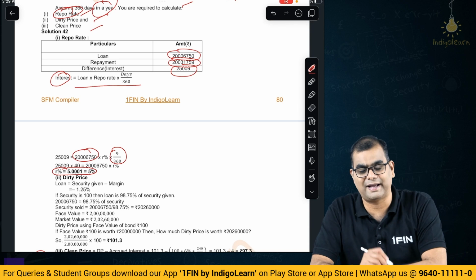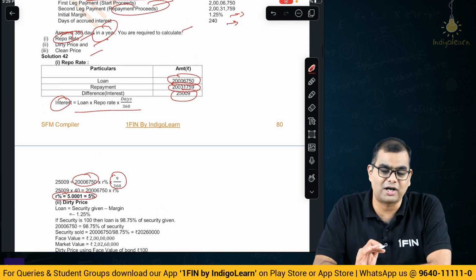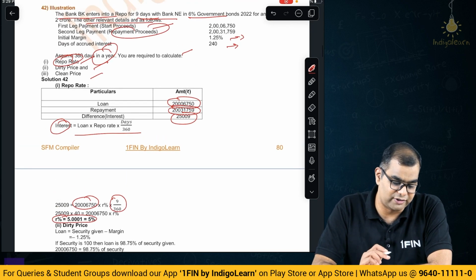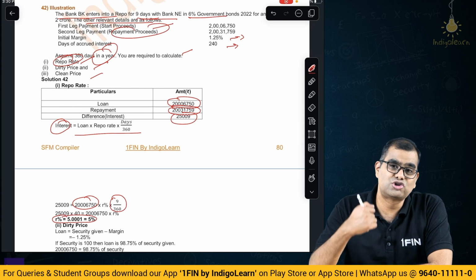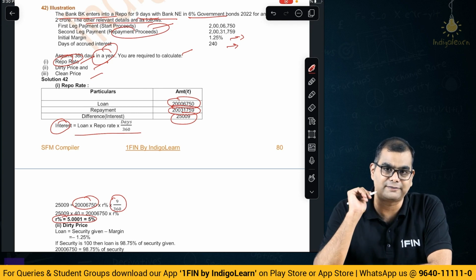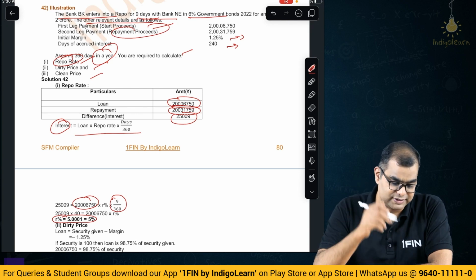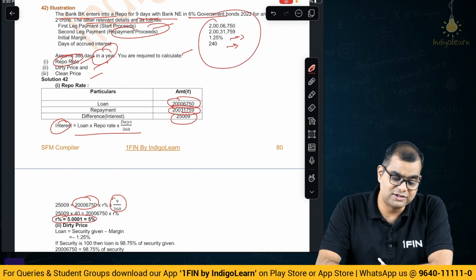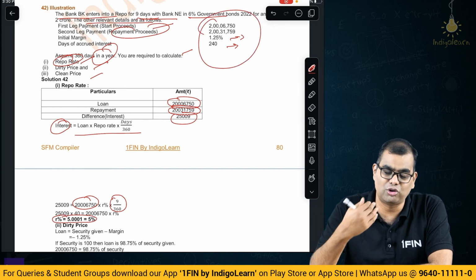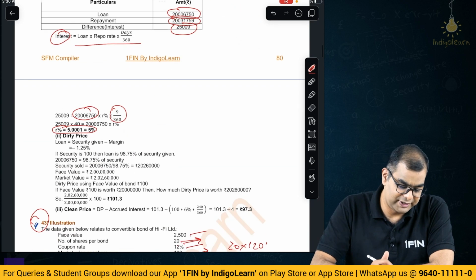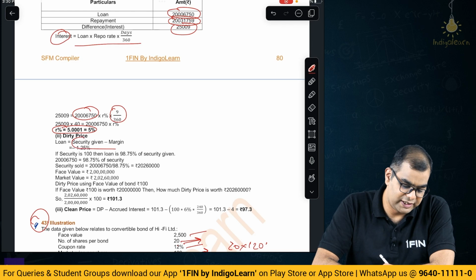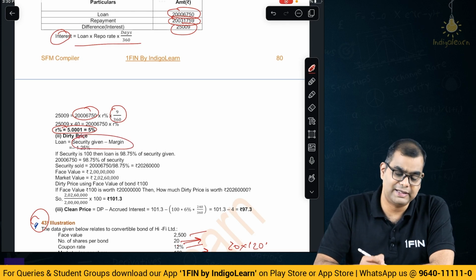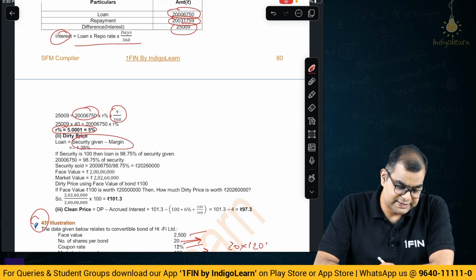But now you see what has happened in this whole repo concept, there is one point that you have to understand. You have sold a security and you are buying it back. You have sold a security and this is the loan part, but there is also a security linked to this. So, what is happening is loan is security given minus margin. See the exact loan.